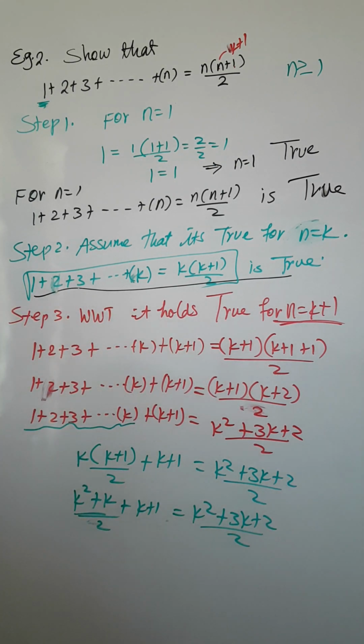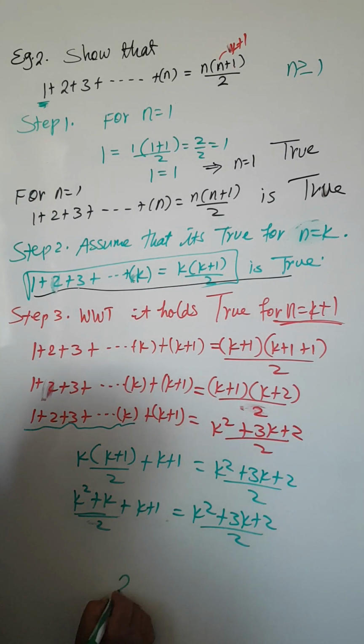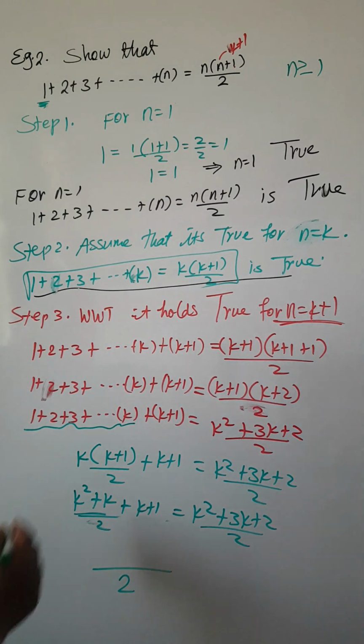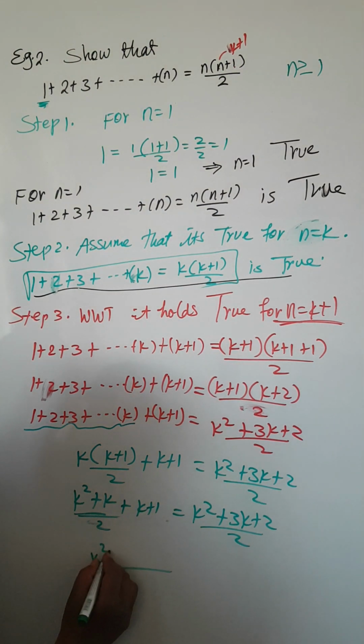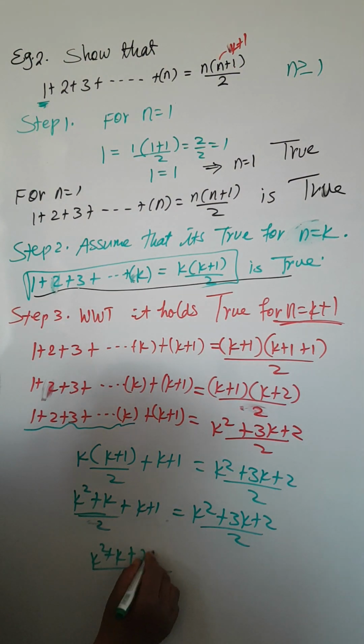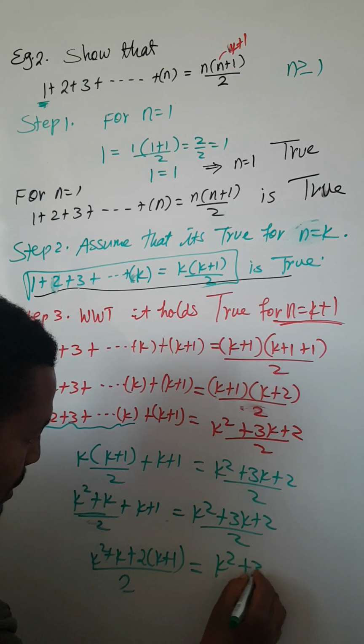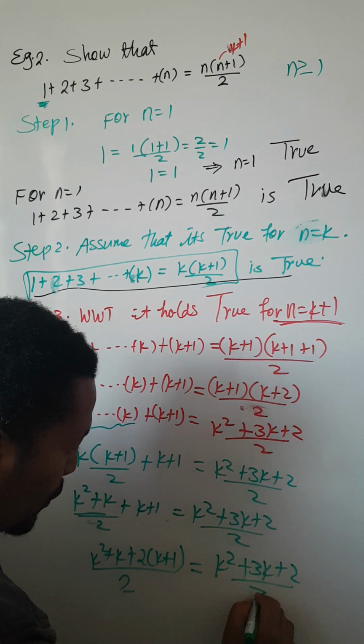Now taking 2 as a common factor, this is equal to k squared plus k plus 2 times k plus 1, over 2, which is equal to k squared plus 3k plus 2 over 2.